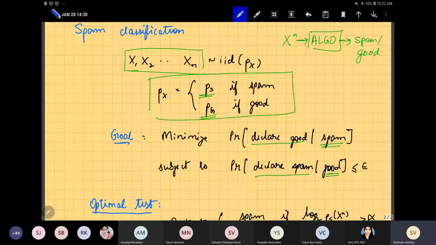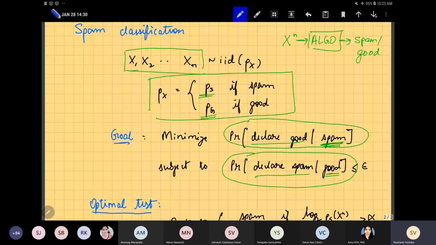So suppose that I were interested in minimizing only one. Suppose that I don't care about this particular probability and I want this probability to be as small as possible. I want the probability that I send something to the inbox given that it is spam.